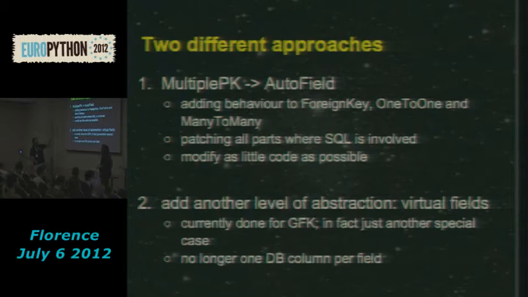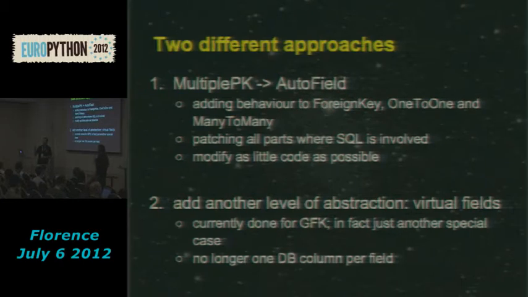And I patched all parts where SQL was involved. When I say patch, I mean I monkey patched, that is, changed at runtime the methods of the Django source code. So my aim was to modify the code as little as possible, to have a few lines of code that implement this situation.